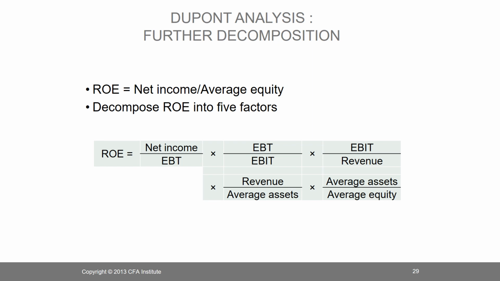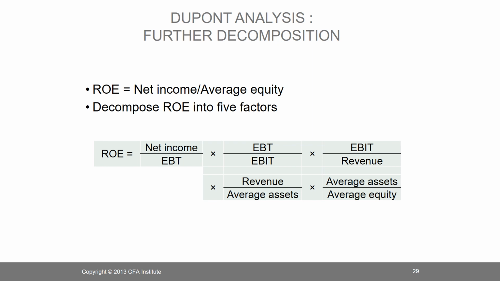The EBIT margin, EBIT divided by revenue, or operating margin if operating income is used in the numerator, would capture the effect of operating margin on return on equity. In either case, this term primarily measures the effect of operating profitability on return on equity.